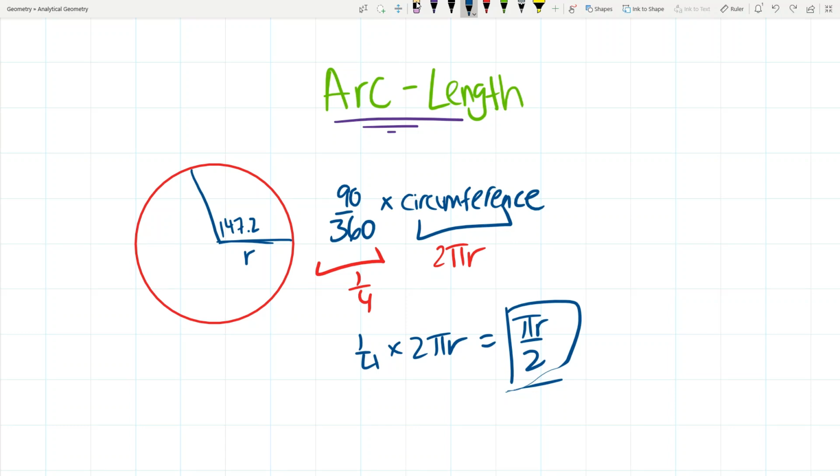Well, what did we do here? One of the pieces that we need is 2 pi r, and the other piece that we need to know is 1/4, which is this fraction, 90 over 360.